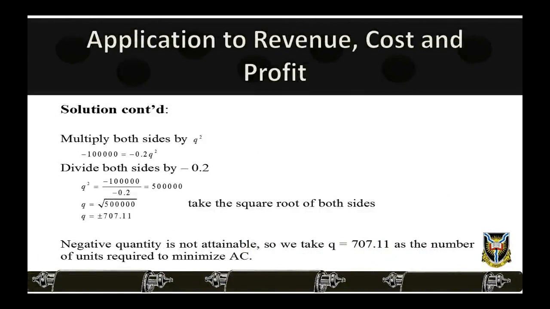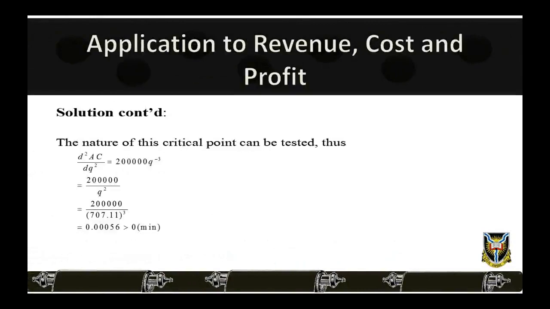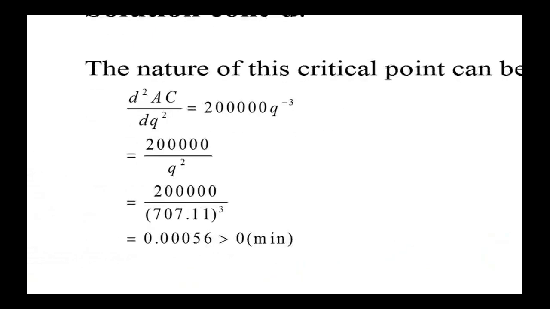The nature of this critical point can be tested thus: d squared AC divided by dQ squared equals 200,000 Q to the power minus 3, which equals 200,000 divided by 707.11 to the power 3, which equals 0.00056, greater than 0.